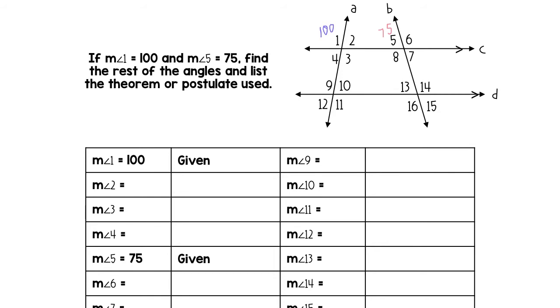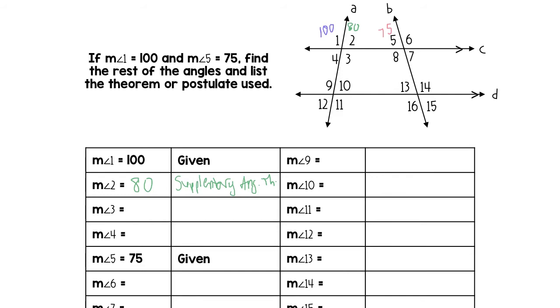Now we want to find the measure of angle 2, which is right here. Well, it is 80 degrees because of the supplementary angle theorem. That's because angle 1 and 2 are supplementary angles, so they have to equal 180 degrees.